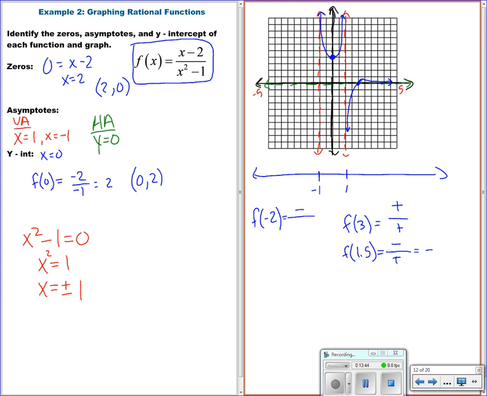I have 4 minus 1, that's going to be positive. So therefore, a negative over a positive is a negative. So because I'm not going to cross the x-axis at all, because I have no more x-intercepts, I know that for all my values, I am below the x-axis. I come from one asymptote, and go towards the other.